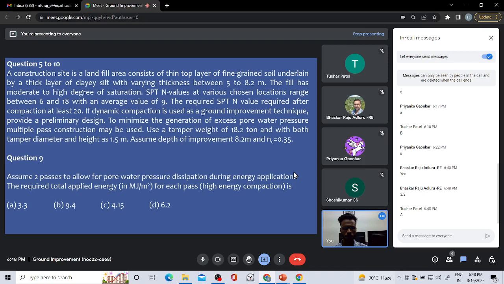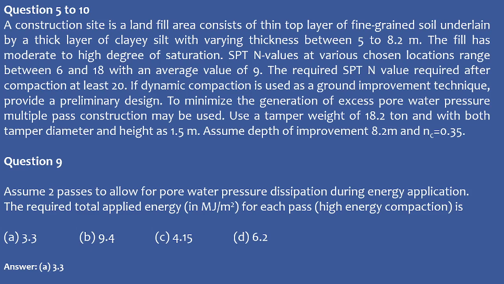Yeah, so that is a simple question. It's 3.3. We know the total energy for high energy compaction was 6.6 megajoule per meter cube.